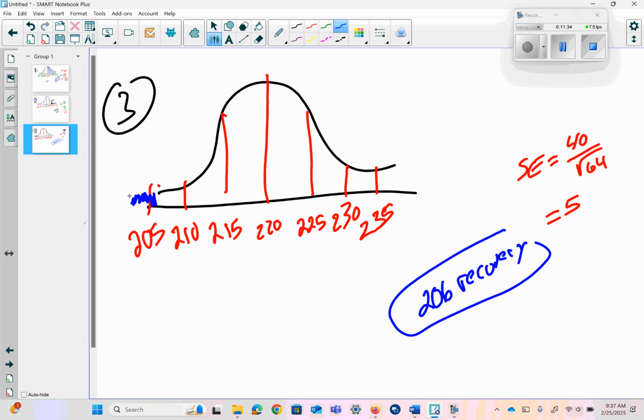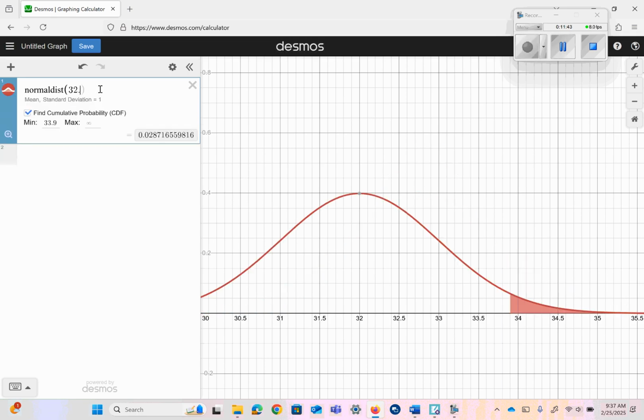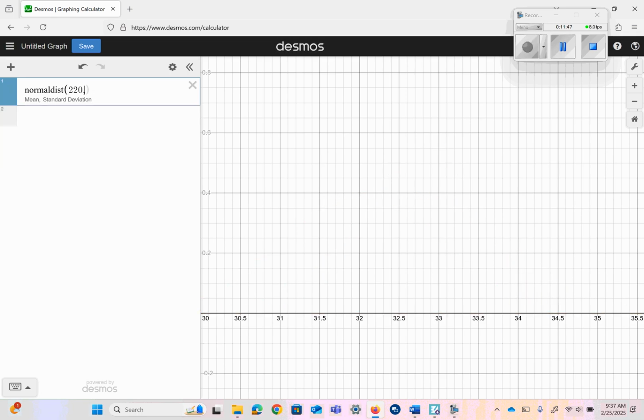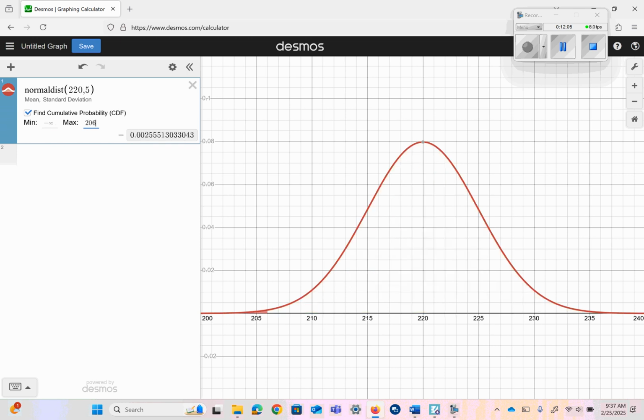Okay, so normal distribution, 220, standard error of 5, and they found 206 days. Oops, I went the wrong way. That should be negative, 206 over here.